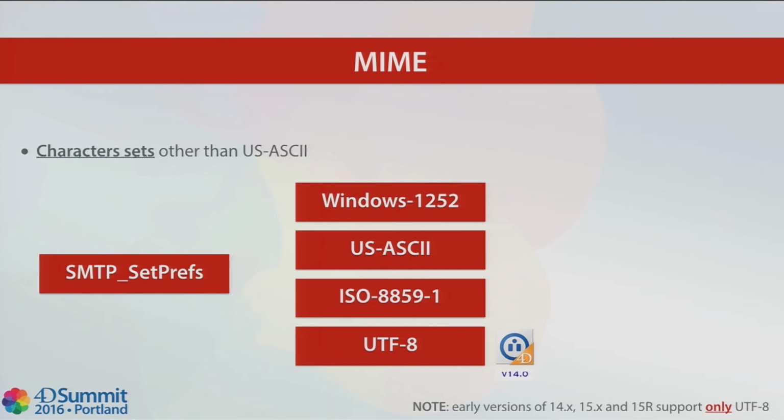What happened, well, UTF-8 as an option did exist since version 11, but what 4D Internet Commands was actually doing was it took your Unicode text, it converted it internally to Mac Roman or whatever, depending on the system preferences, and then converted it back to UTF-8. So any character that could not be represented in that intermediary encoding was lost. It's only since version 14 that the Unicode is fully preserved in the email.